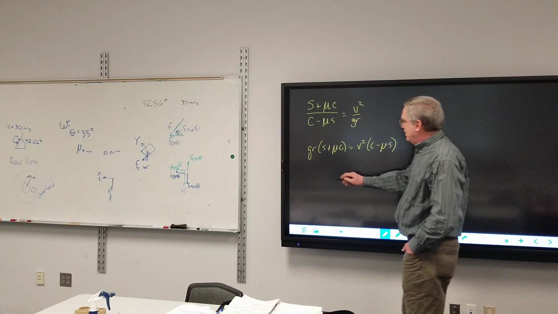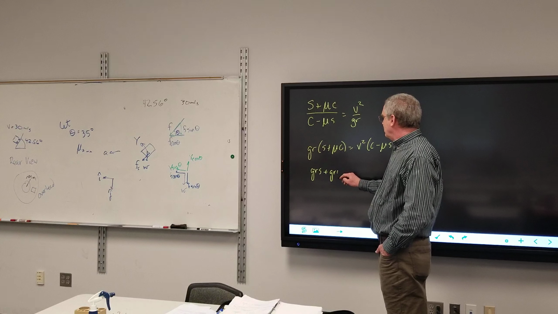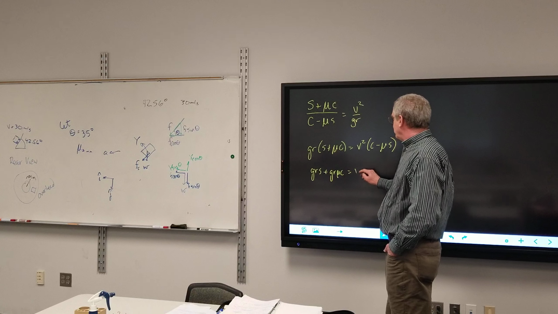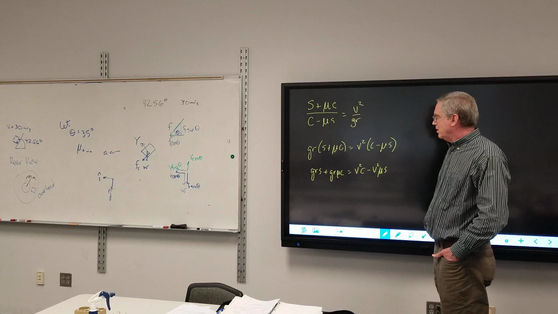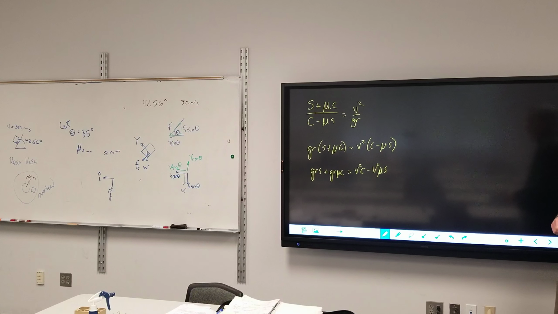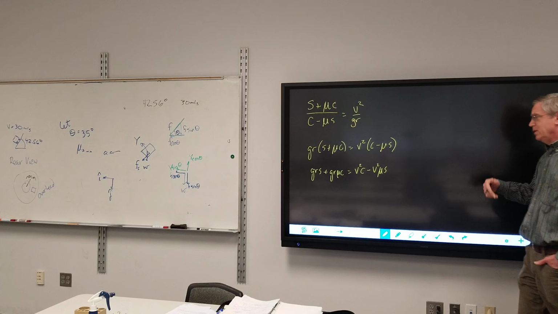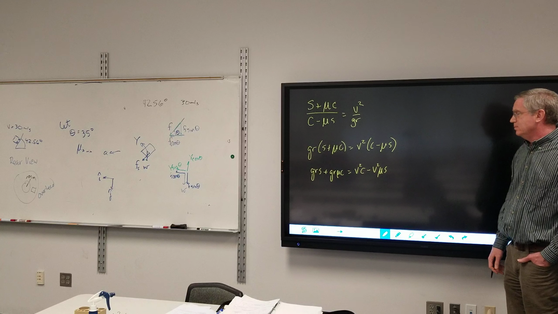Yep, all right. So I have grs plus gr mu c is equal to v squared c minus v squared mu s. And remember, s is sine of theta and c is cosine of theta. We actually could get a real number for it, but why yet? Solving for mu, so now what?